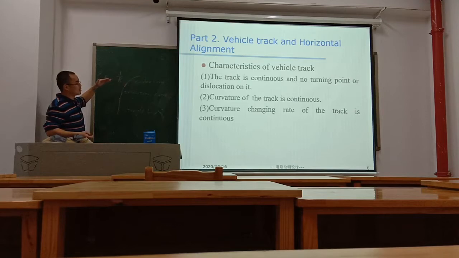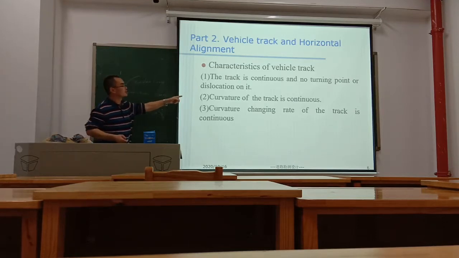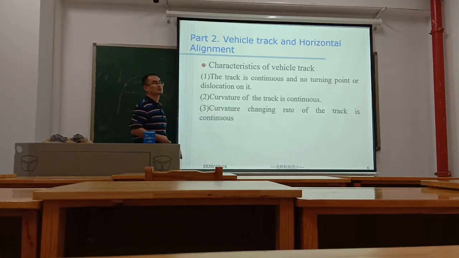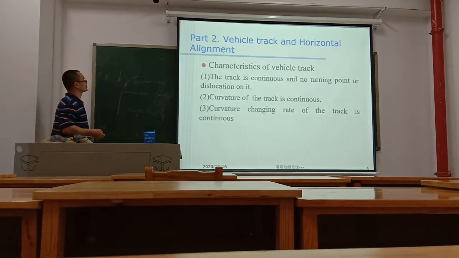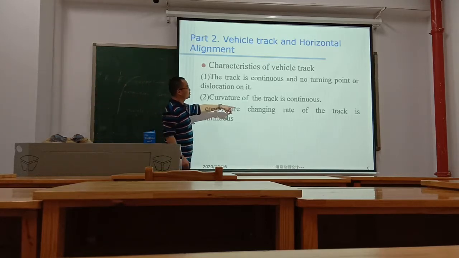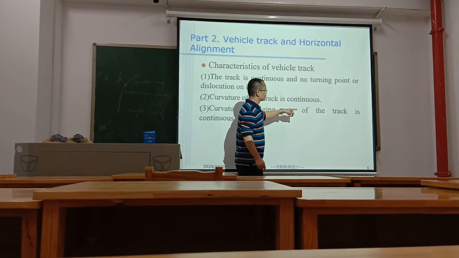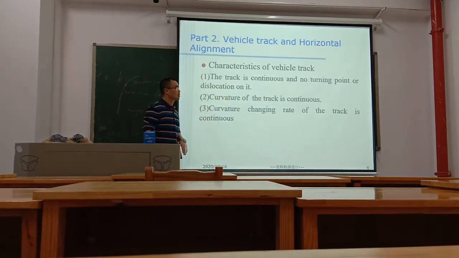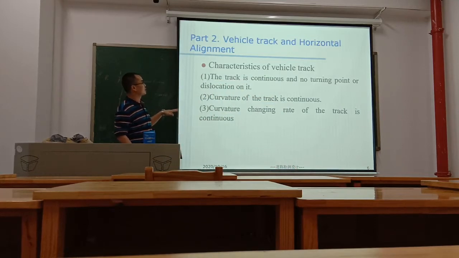One divided by r is the curvature. The third is that the changing rate of the curvature of the track is continuous. These are the three characteristics of the vehicle track.